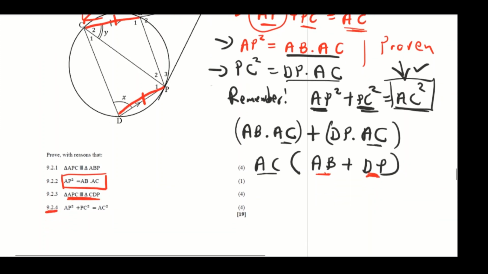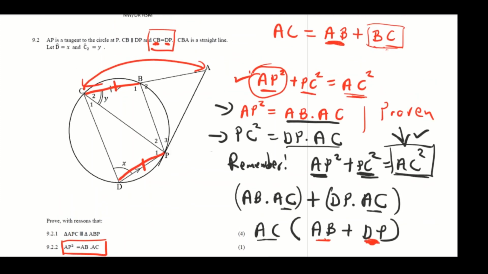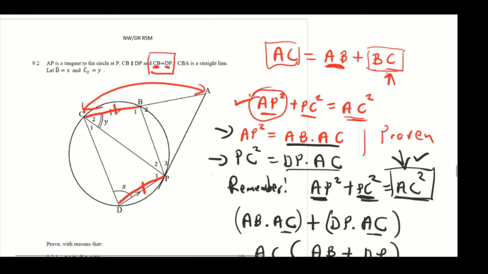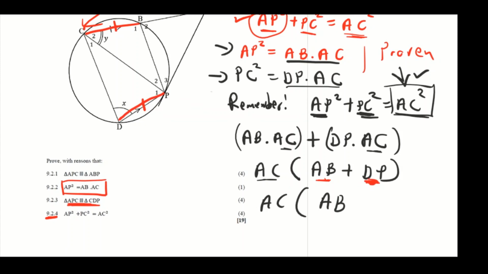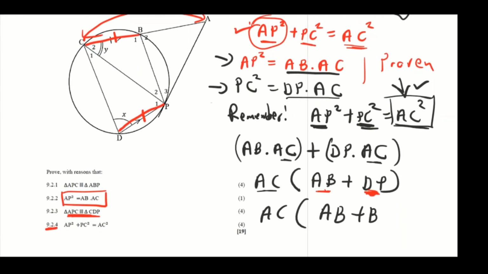So instead of writing DP, we're going to write what? We're going to write BC because it forms AC. I hope you guys understand that. So we're just going to write that down. We're going to write AB, which is part of the combination of this here. And then instead of writing DP, you're going to write BC.